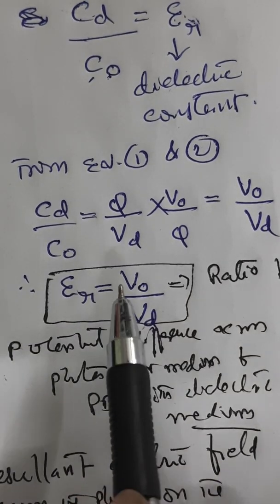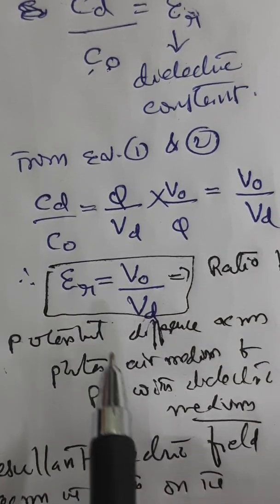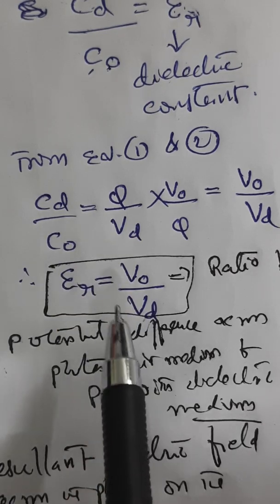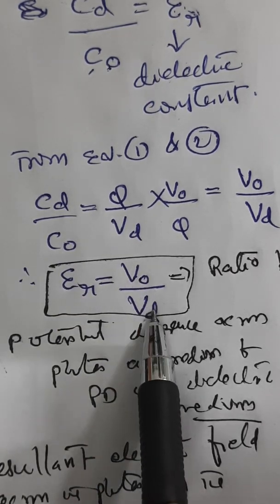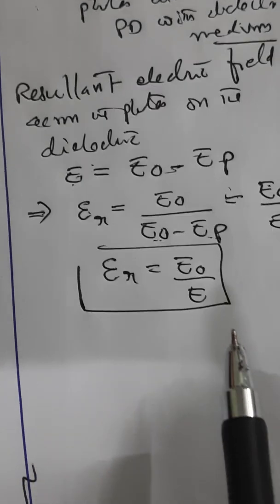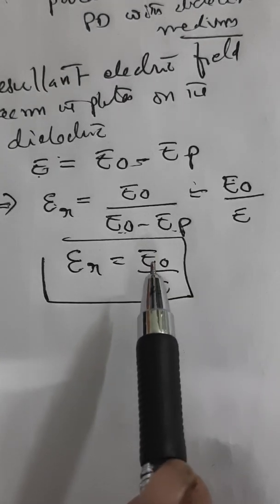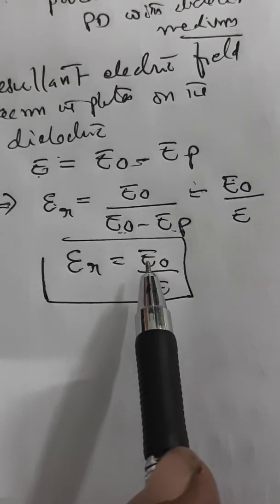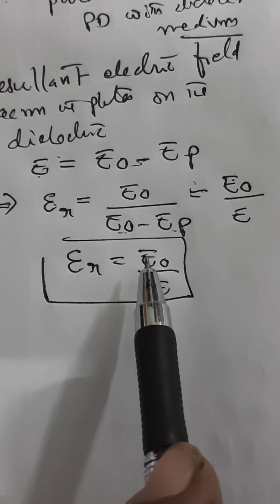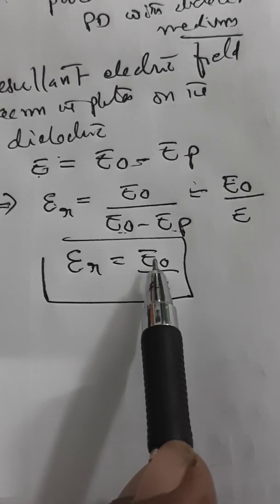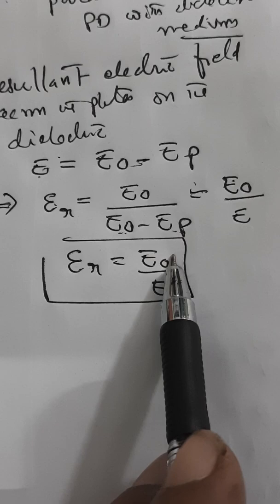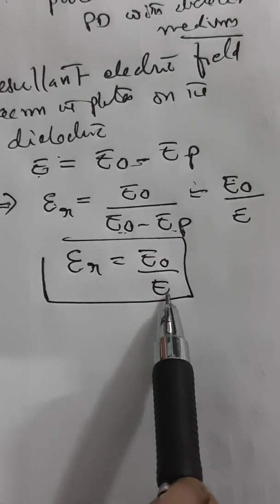It is a ratio between potential difference across the plates with air medium and dielectric medium. Here it is again a ratio between the electric field across the plates with air medium to the resultant electric field on the dielectric.